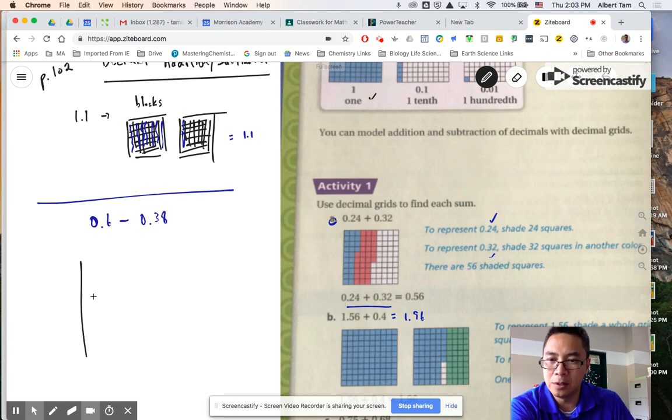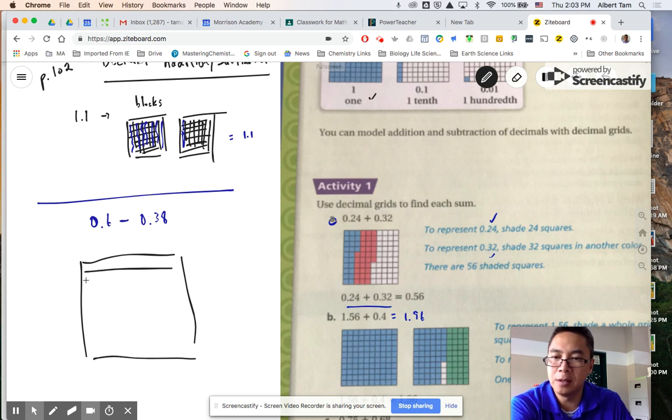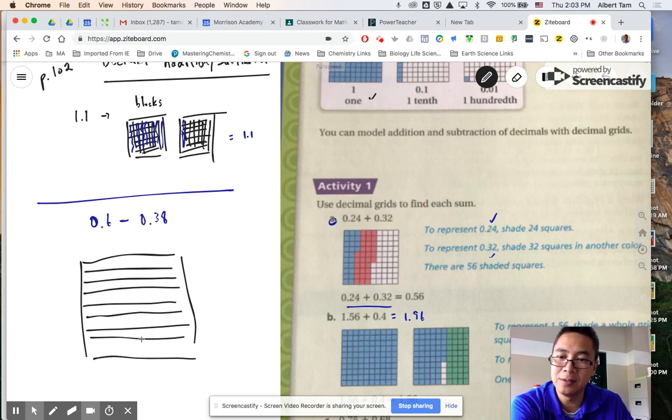I might draw this one a little bit bigger so I can do it more accurately. This isn't the best tool, and that is a very horrendous looking square, but that's my fault because my other writing tool broke. 4, 5, 6, 7, 8, and maybe I'll draw the ninth one here.